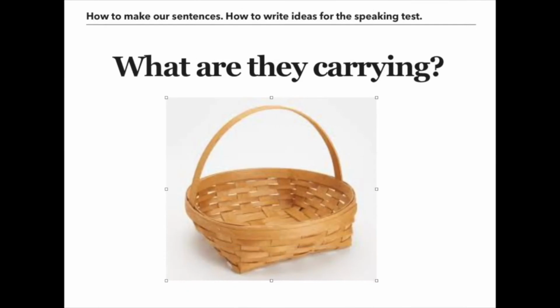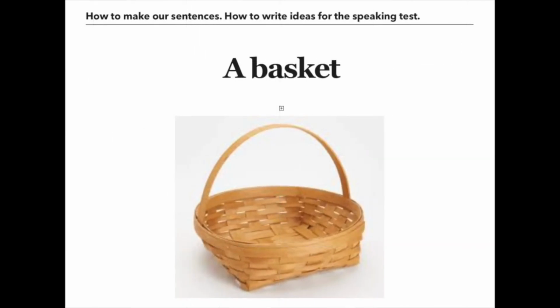On page 7, what are they carrying? What are the women carrying? A basket. The women are carrying a basket. The women are carrying 2 baskets. The women are carrying 2 baskets each.